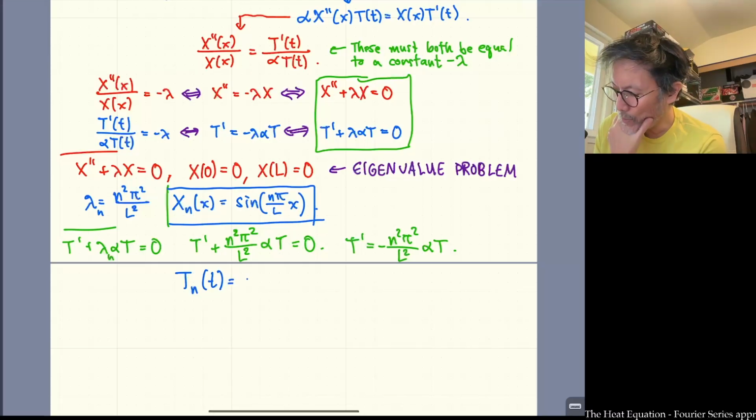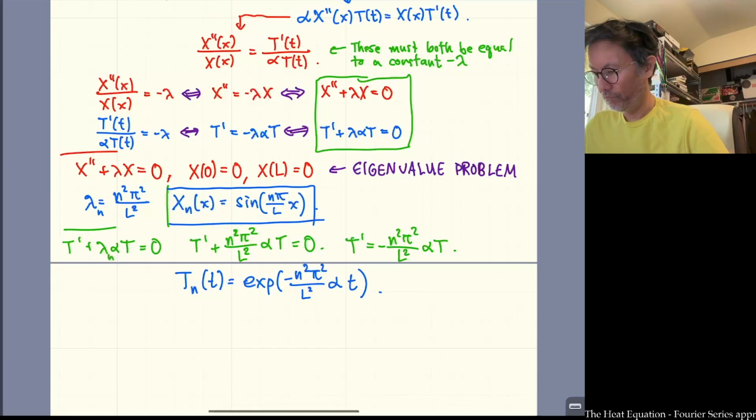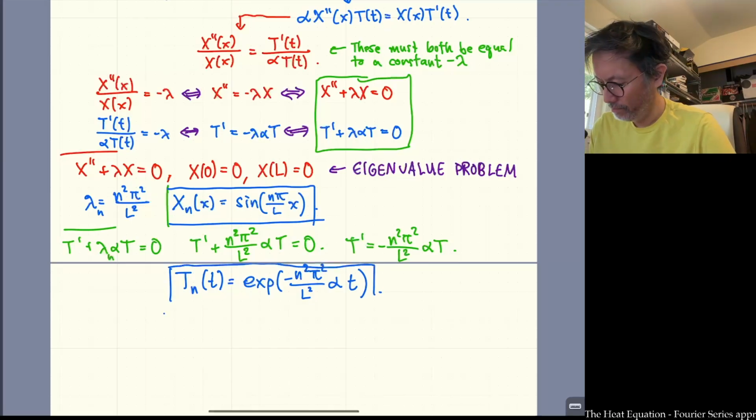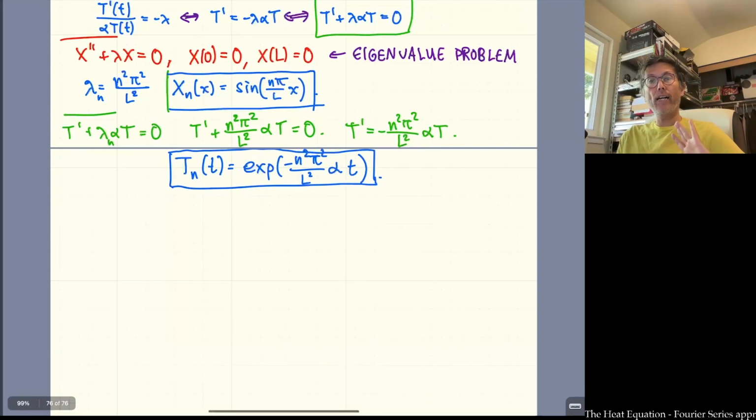It's going to be the exponential of negative n squared pi squared over L squared times alpha times t. Okay, that's good stuff right there. And now we can write down a solution.